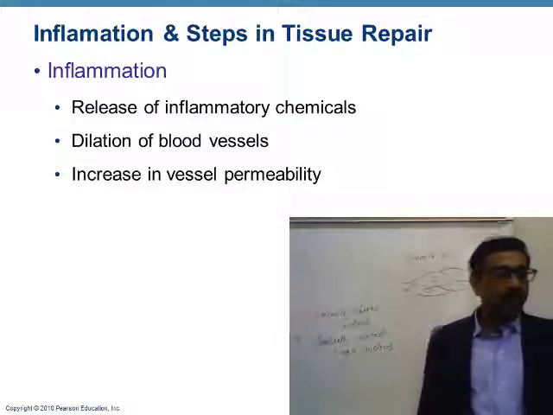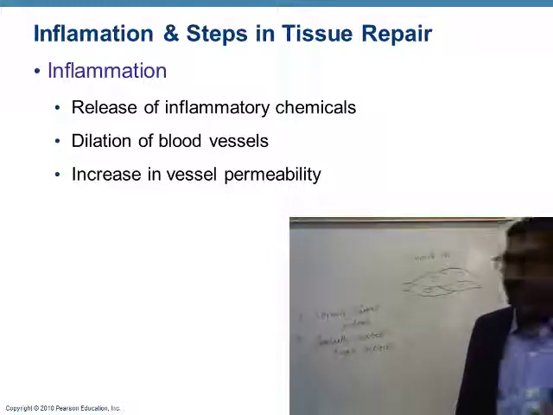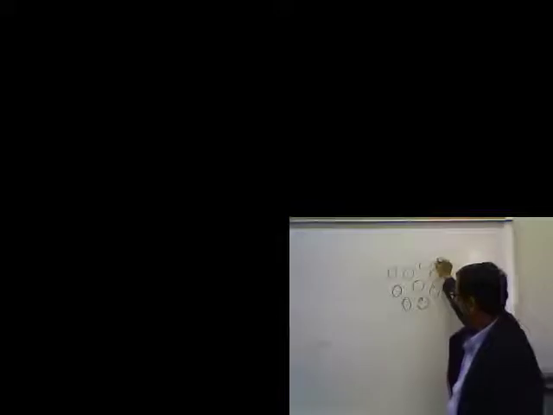Anyway, so why do those changes occur in the tissue? When you get an injury, at the site of injury, tissue releases some chemicals. So at the site of injury, this is the tissue, cells in the tissue release some chemicals.